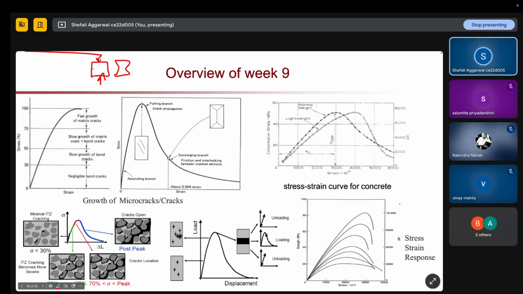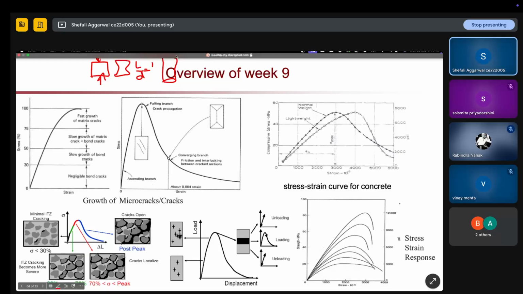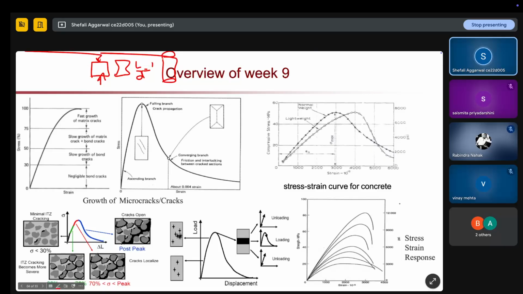So if I am using a cube system, 100 mm or 150 mm cube, my load will look like this. So the L by D ratio in this case is 1. So your deformation will be in this way. But if we are using a cylindrical system, in that case the L by D, it will be 100 mm by 200 mm.